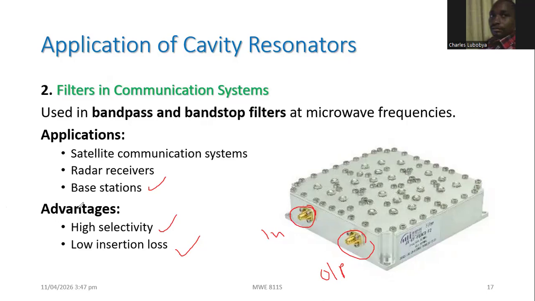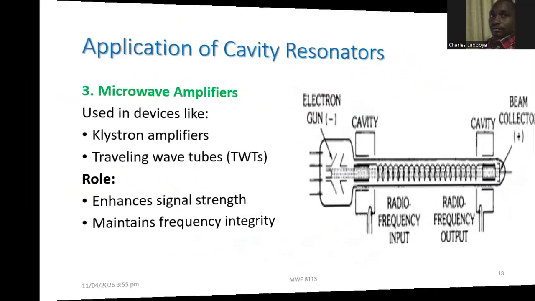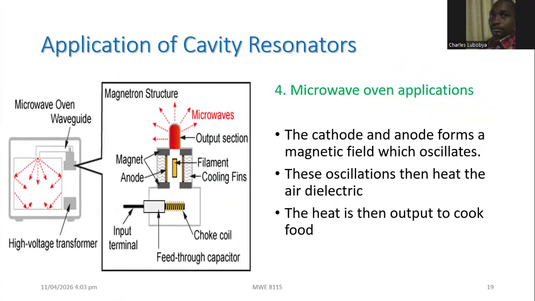Besides filters, you can also use these cavity resonators in microwave oven applications. The microwave which we use in our homes works on the same principle. There must be some part where you create these oscillations.